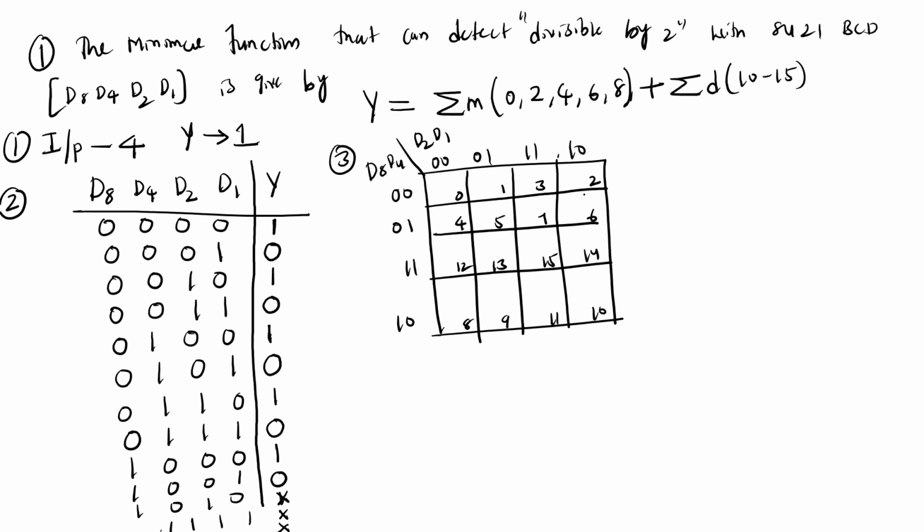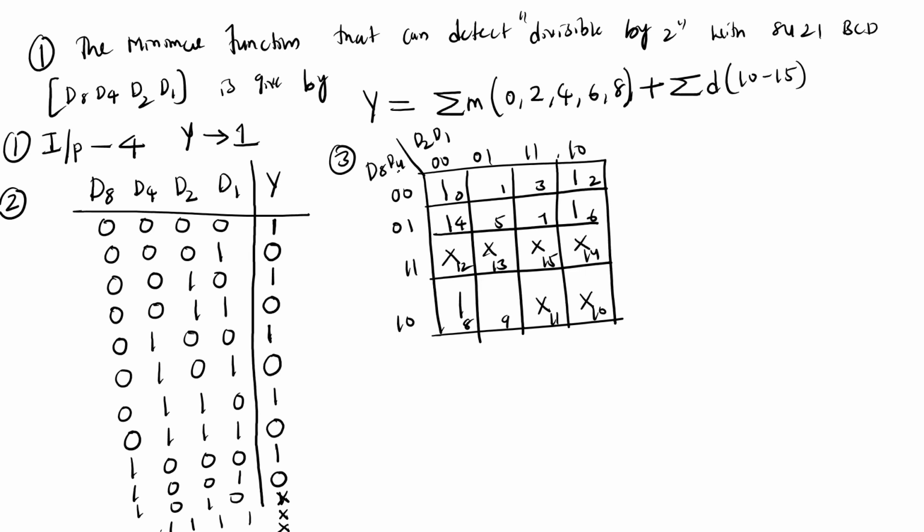Okay, so I need to group, so wherever these minterms are there, I need to write 1: 0, 2, 4, 6, 8, and 10 11 12 13 14 15 are nothing but don't cares.